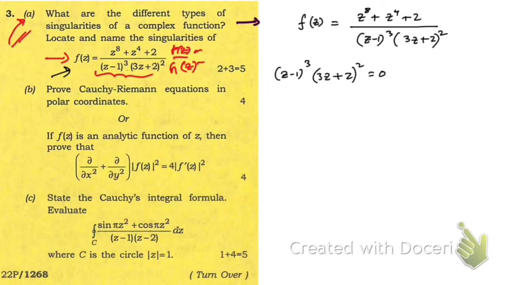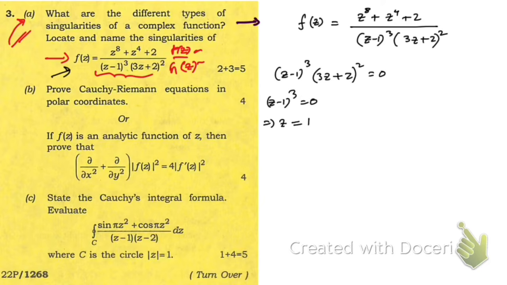In that case, z minus 1 whole to the power 3 is equal to 0, which implies z is equal to 1. As this is order of 3, we can say z equal to 1, 1 and 1, as there is whole cube. That means this is a pole of the given function of order 3.